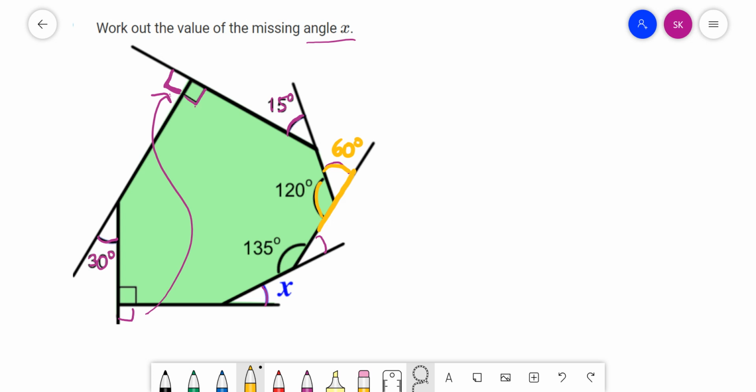And similarly, over here, there's my straight line, that's 135. This one is going to be 180 minus 135, which is going to be 45 degrees. Now that I've done that, I can use the fact that exterior angles add up to 360 to find the missing angle x.